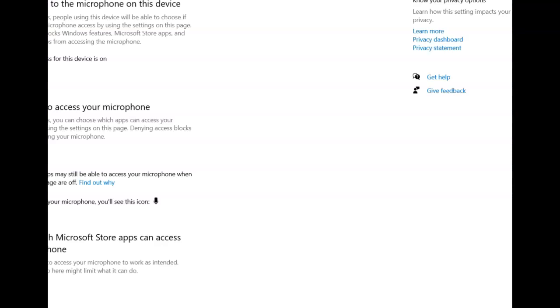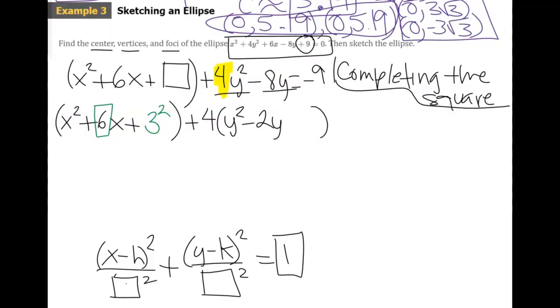And we're going to take half. In this case, we're taking half of -2. So that will be -1. And then we're going to square it. Just like that. Then on this side, we still have this -9.